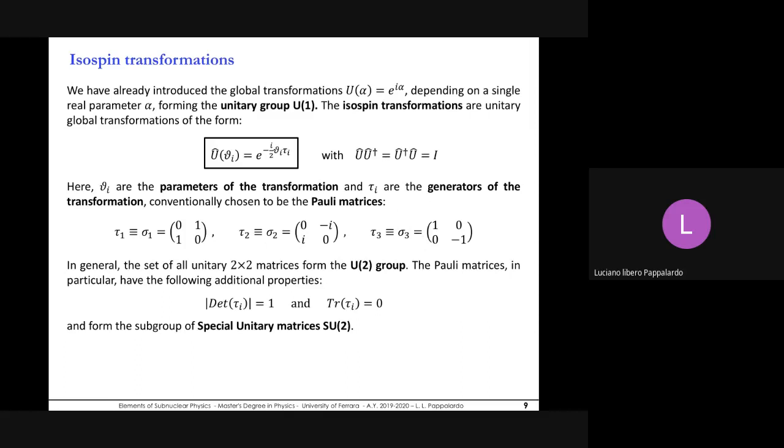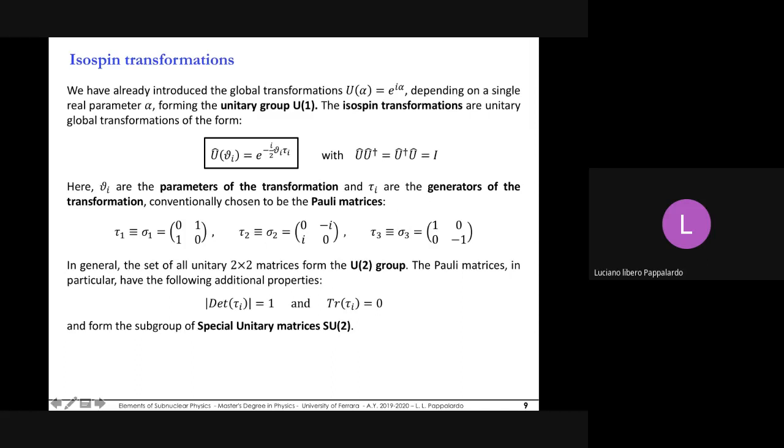Now, in general, the set of all unitary 2x2 matrices forms a U(2) group, okay, which is an extension of the U(1) group we saw before. But the Pauli matrices have 2 additional properties. That is that the determinant is equal to 1 and the trace is equal to 0, where the trace is the sum of the elements on the diagonal, okay?